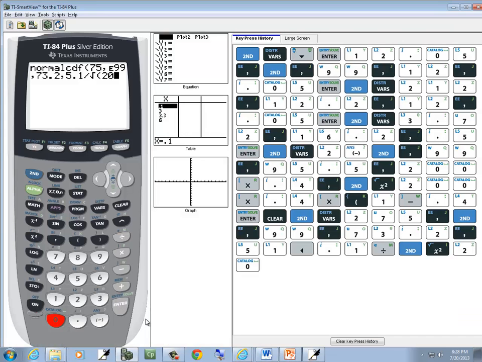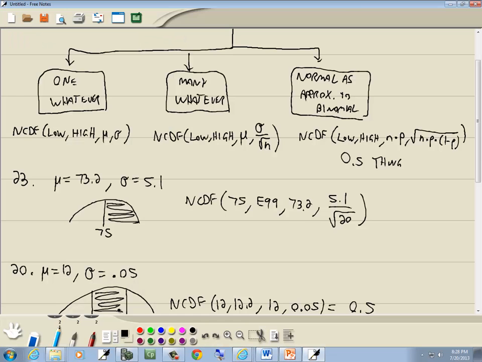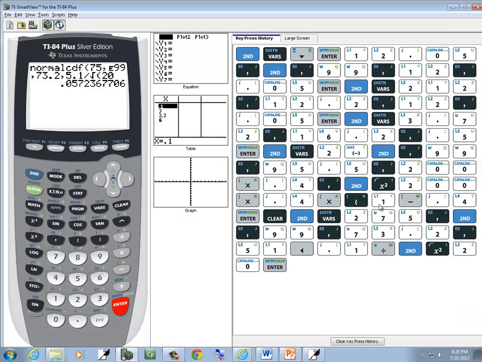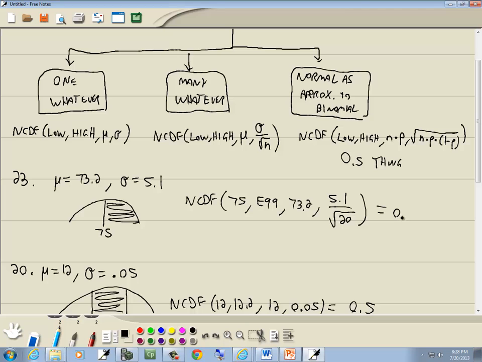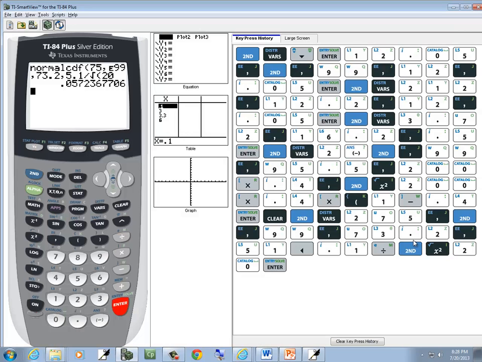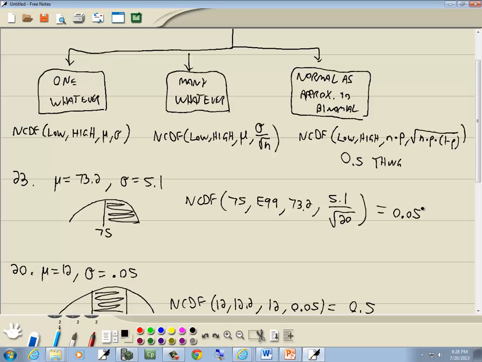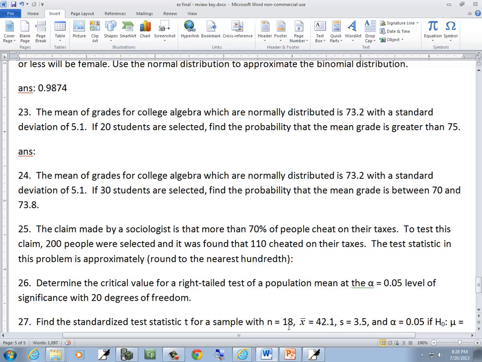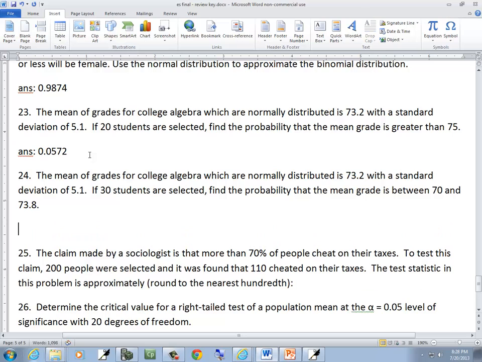Yeah, 20. And then press enter. And that's going to give us 0.0572.